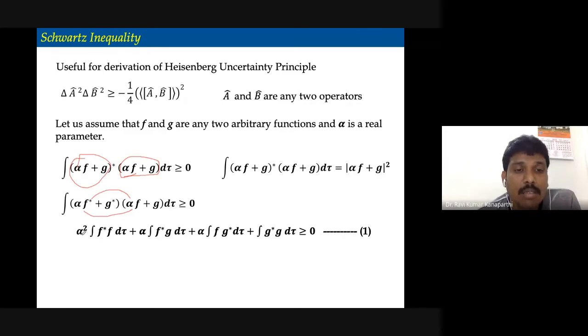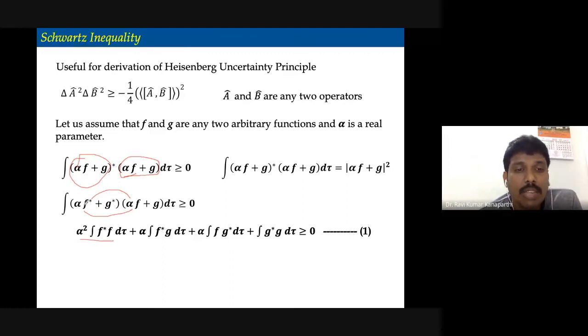The first term is given by alpha f star here, and then there is another alpha f. When you multiply, it is alpha square, and then you have f star multiplied by f d tau, so you can just apply the integral.